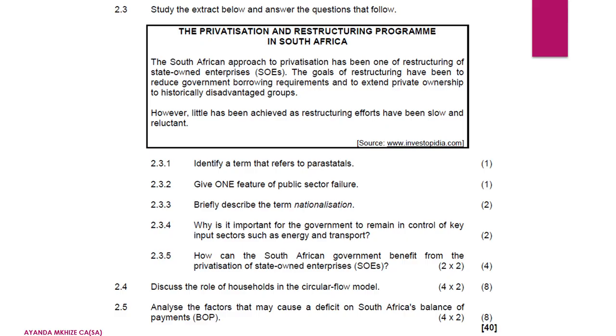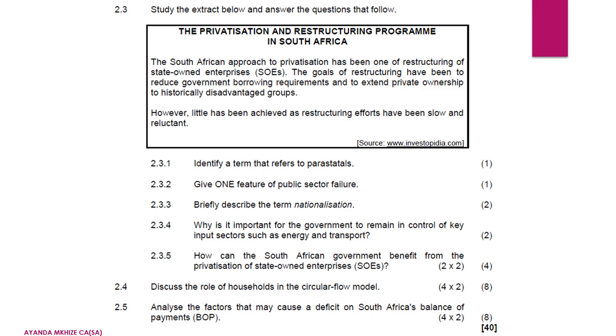A country would like to be in the position where it is making more exports than imports. What does that mean? If we are making more exports, we are getting more money into South Africa because we are selling outside the country, right?